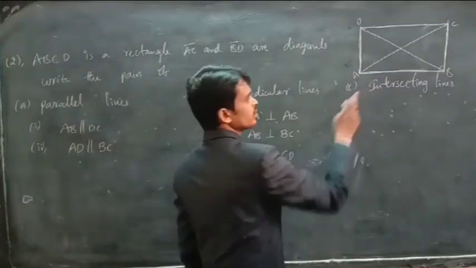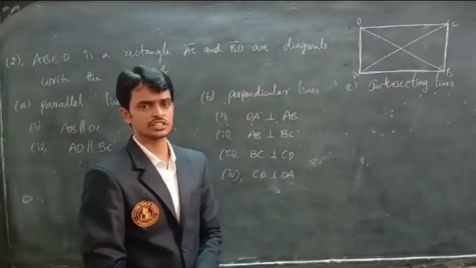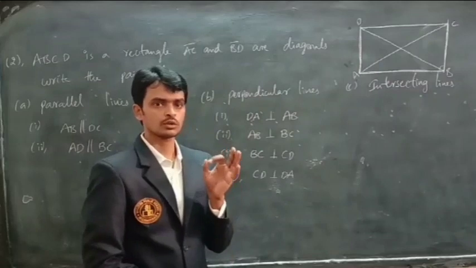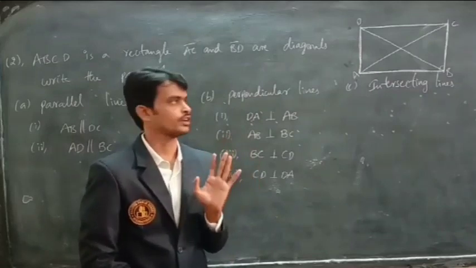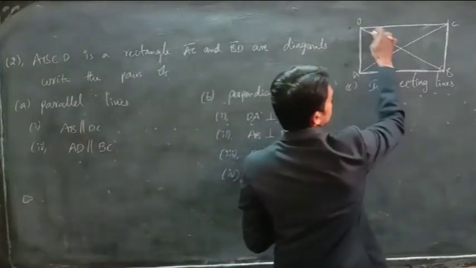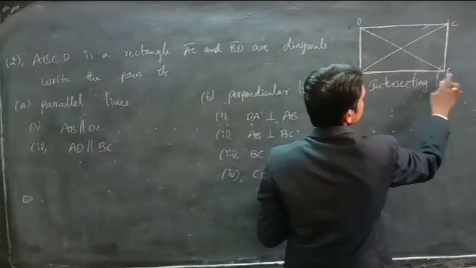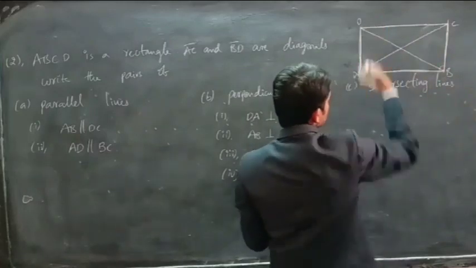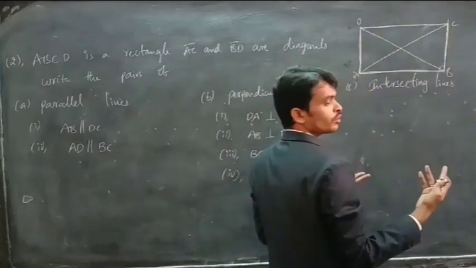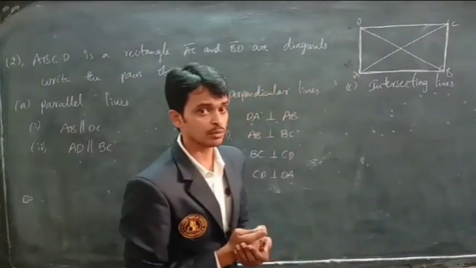Next, third, intersecting lines. Intersecting lines are two lines that have a common point. Do these two have a common point? No. Do these two? No. Where do you observe the common point?